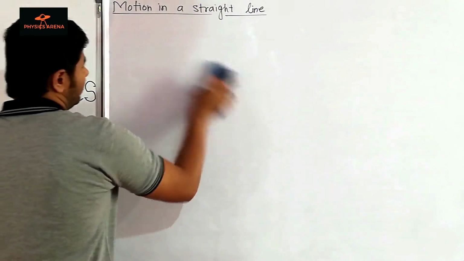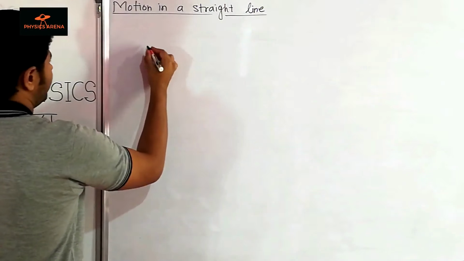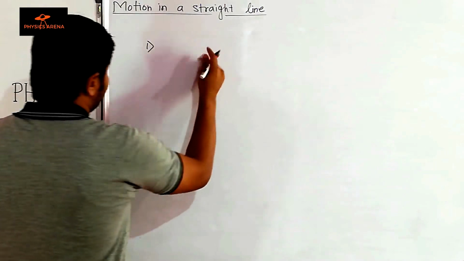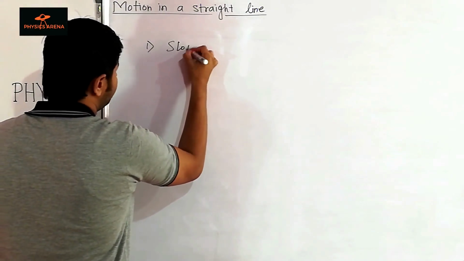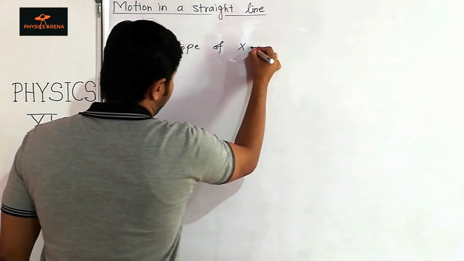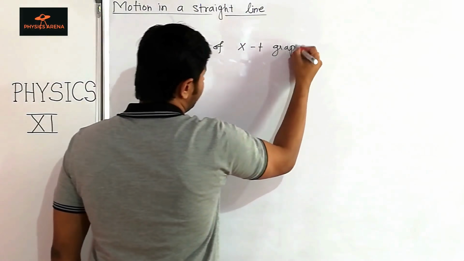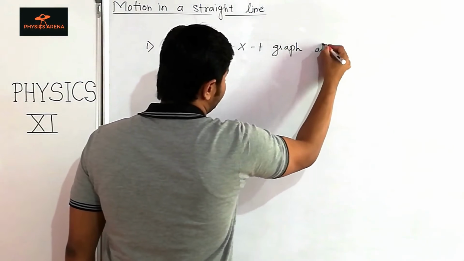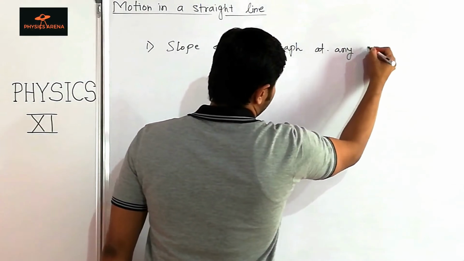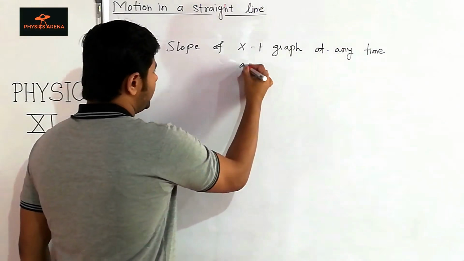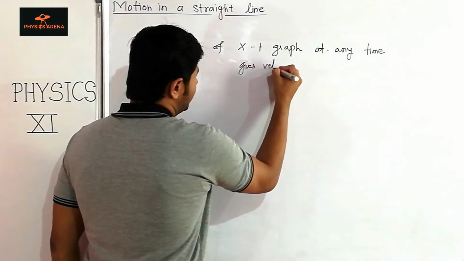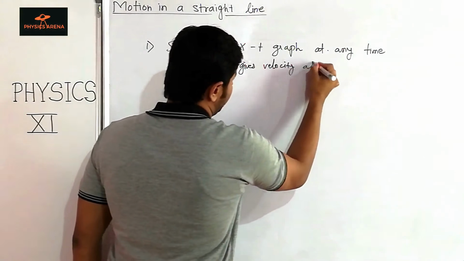The first information we get from the position versus time graph is that the slope of the xt graph at any point, or at any time, gives the velocity at that time.